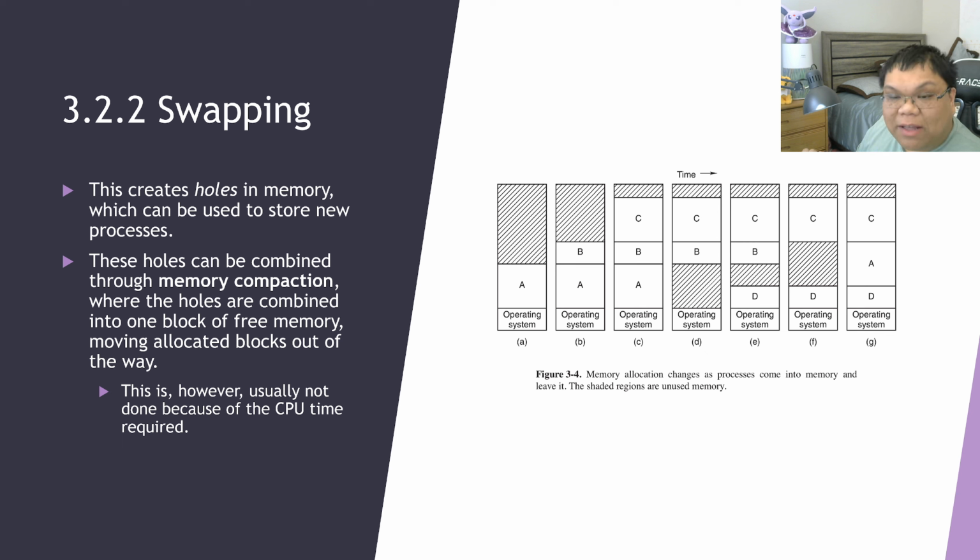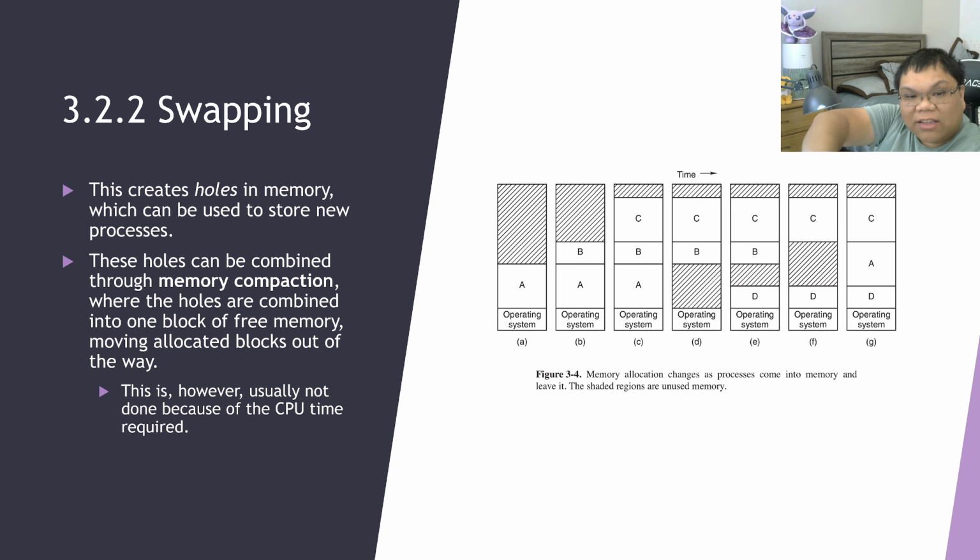This is not really mentioned in this part of the book, but this is called external fragmentation, and it can become bad in that if memory becomes too fragmented, then there is no one space big enough to fit a process that we need to have loaded into memory. There is a way to solve that, and that is called memory compaction, where we shift all these processes so that they're on one end of the physical memory space.